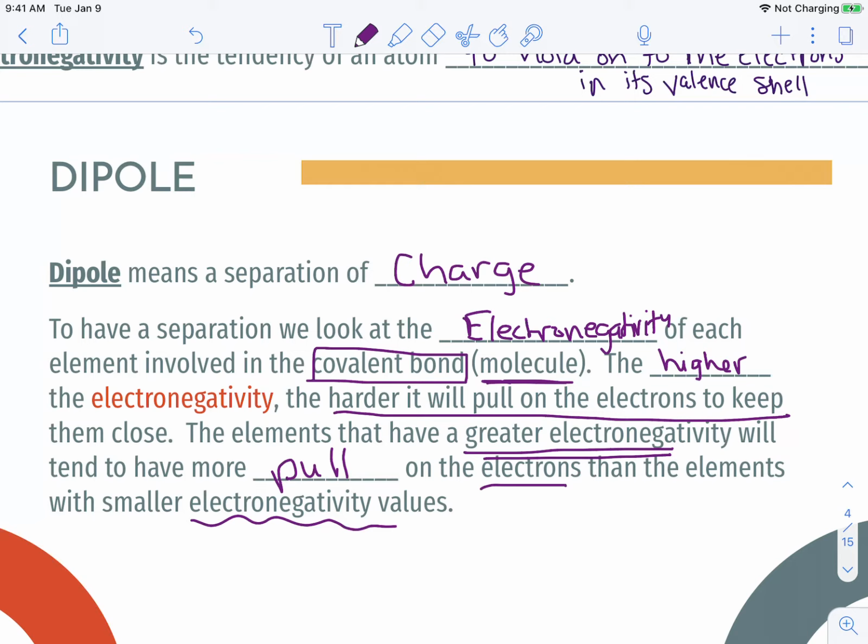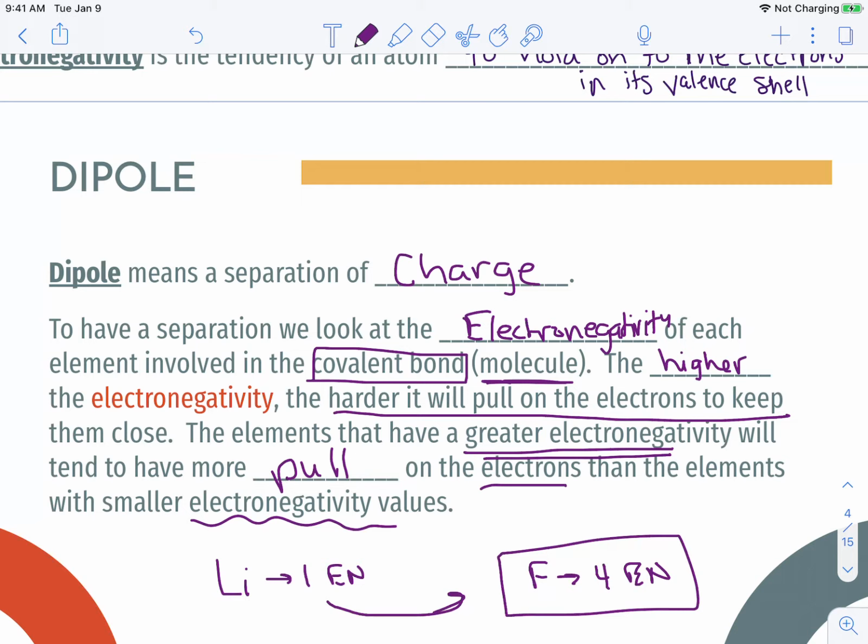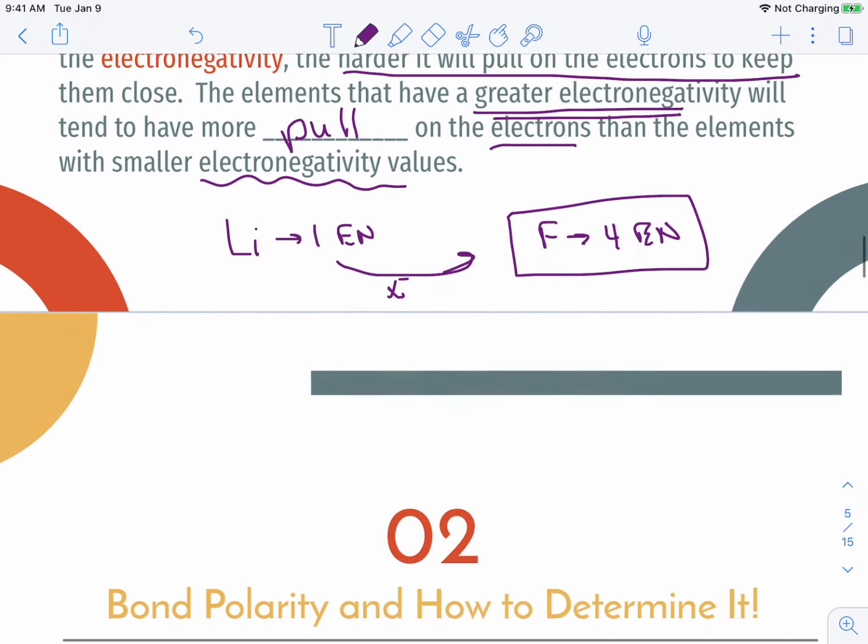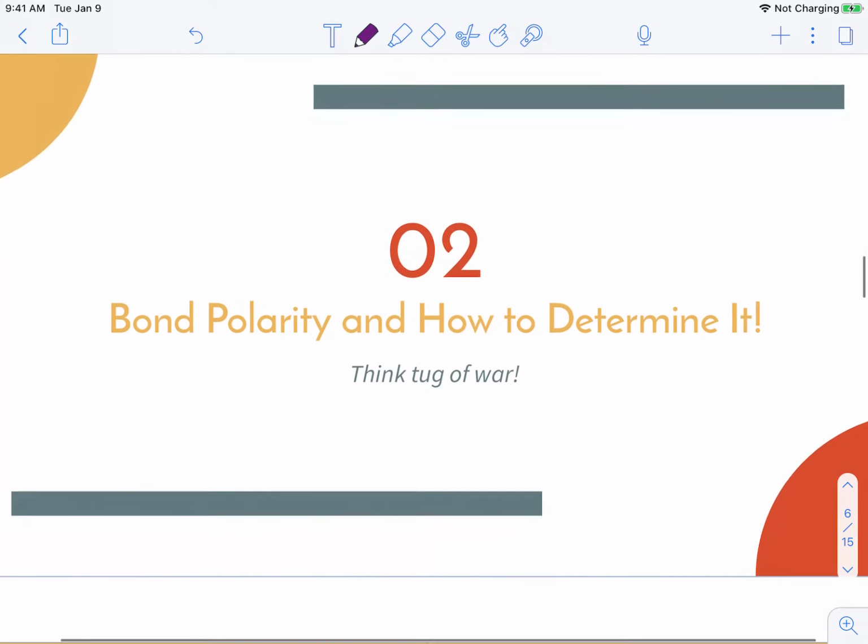So for example, lithium being at a 1 electronegativity and fluorine being at a 4 electronegativity, 4 will tend to hold on to the electrons, whereas lithium might give up an electron. The bottom of my screen is not working, so we'll just leave it like that. All right, so again, pause the video if you need to copy something down.